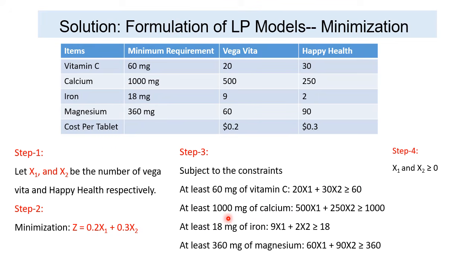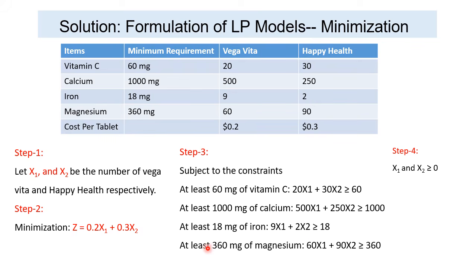At least 1000 milligrams of calcium is required, so 500 times x1 plus 250 times x2 greater than or equal to 1000. That is the minimum requirement. And the third constraint is at least 18 milligrams of iron is necessary, so 9 times x1 plus 2 times x2 greater than or equal to the minimum requirement.